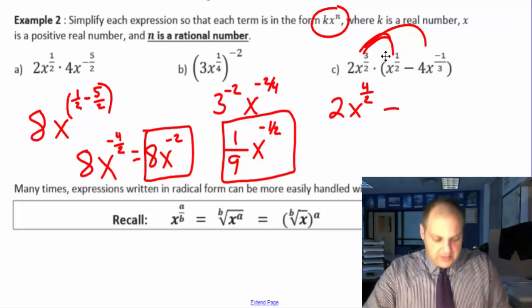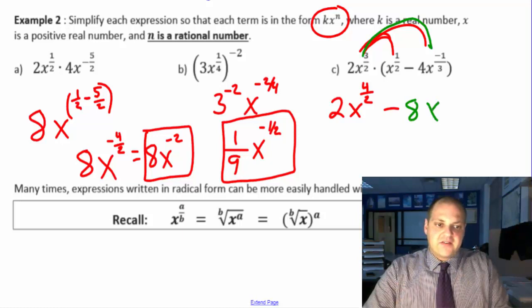Minus, and then we're doing this times this here. That's going to be 8x to the 3/2 minus 1/3. So we have to do 3/2 minus 1/3 there. Okay, so this is 2x squared.